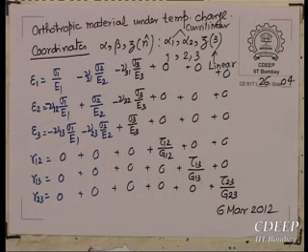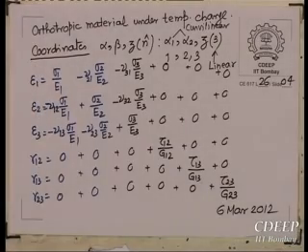What about if temperature changes? So if temperature changes, these strains will be changed. Temperature is just like water. It produces at any point only normal strains, no shear. A small volume will just expand or contract.